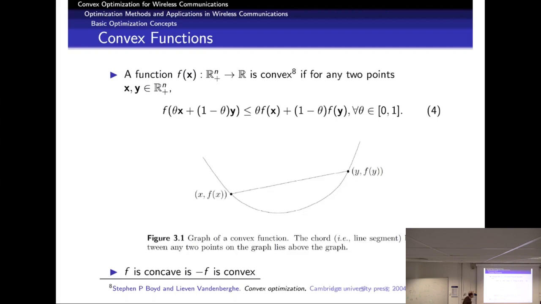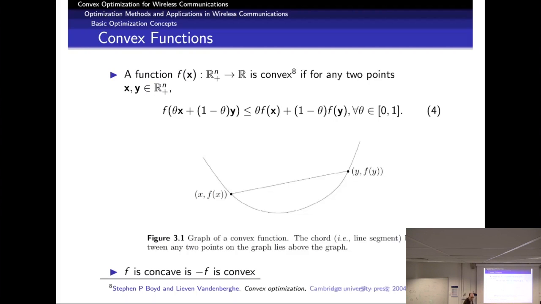So what that means is the following. You have a point x here, you have a point y, you take any points in between x and y, its corresponding output, so f of this corresponding output will be here. For any value of theta, the value of the function will be smaller than its chord. Right?